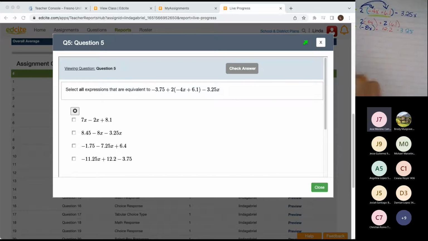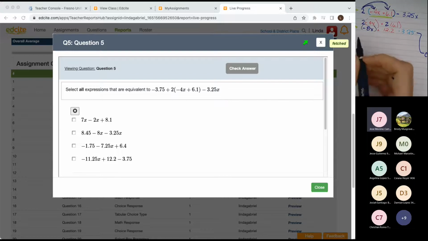So now I need to combine like terms. That's what I did in my last problem, right? So now I'm going to combine the terms. I'm going to look for any integers with a variable, because I have an x here.